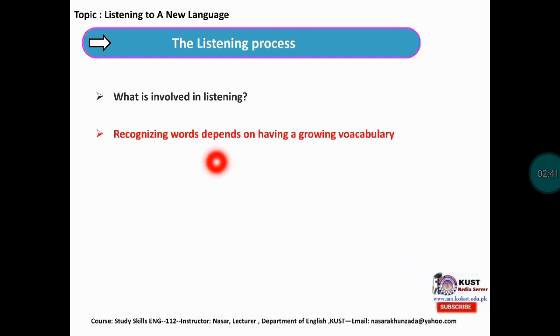Recognizing words depends on having a growing vocabulary. If the words are there in your mind, then at least you have a chance of recognizing them when someone else says them.